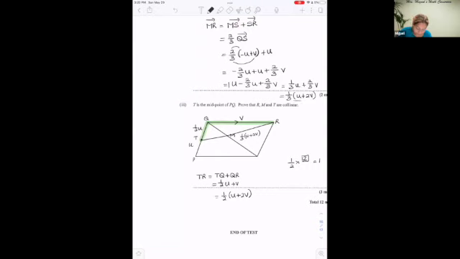Do you notice that this bracket is the same as this bracket here? Yes, miss. Here's what we write in.